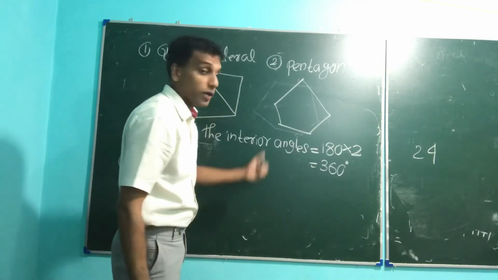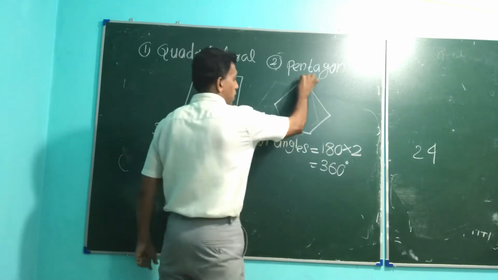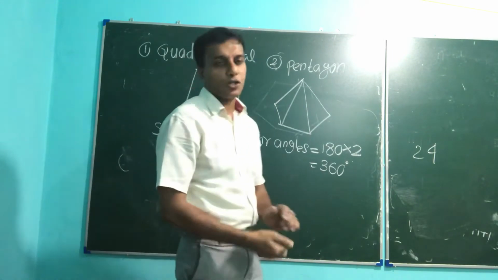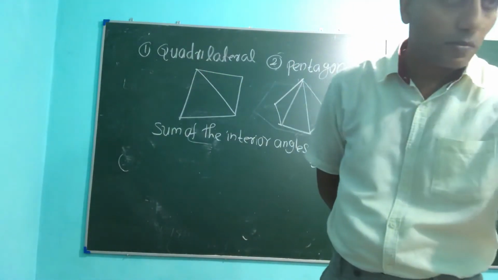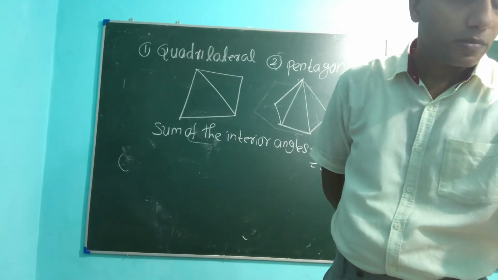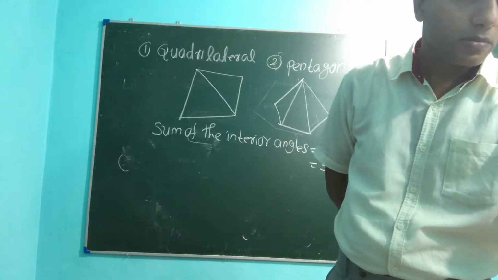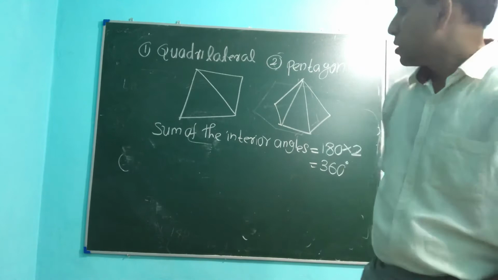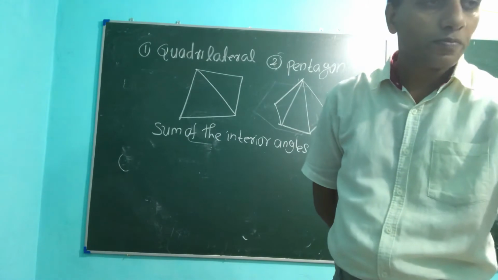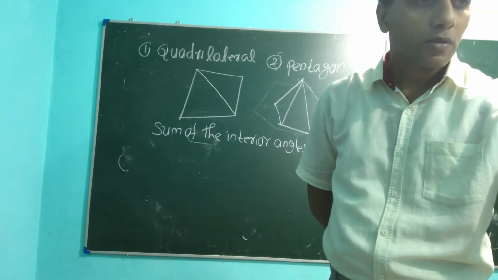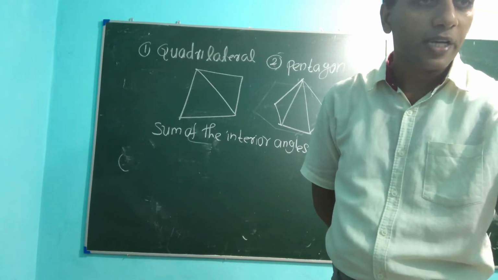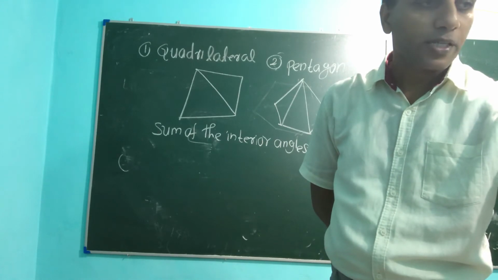So see quickly, how many triangles can be drawn? 1, 2, 3 triangles. In a pentagon, 3 triangles can be drawn. The pentagon has 5 angles available. One triangle is 180 degrees. Therefore, complete the 3 triangles.